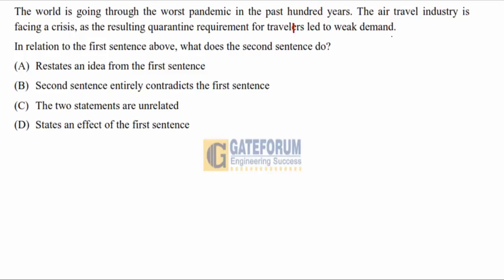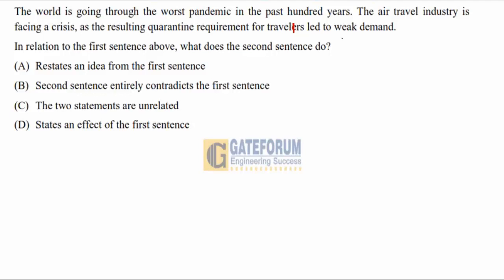As travelers led to a weak demand. The world is going through the worst pandemic in the past 100 years. The air travel industry is facing a crisis as the resulting quarantine requirement for travelers led to weak demand. In relation to the first sentence above, what does the second do?